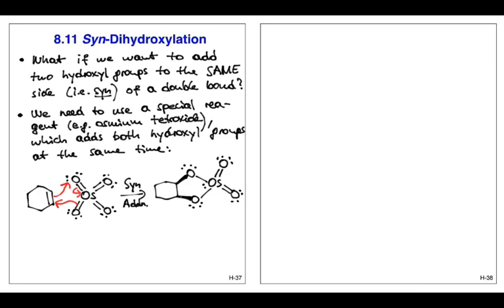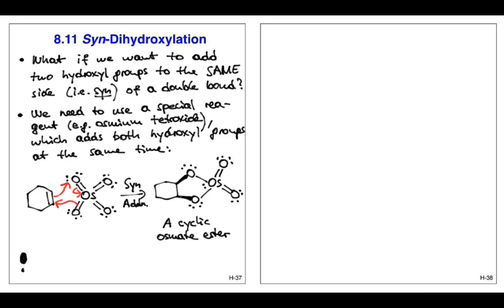Then you see there's a lone pair now on the osmium. That means the osmium has gotten reduced, while the carbons have gotten oxidized technically. In a second step, people generally use another special reagent to take off the osmium and convert this ring structure into two OH groups. But technically, what we formed here is called a cyclic osmate ester.